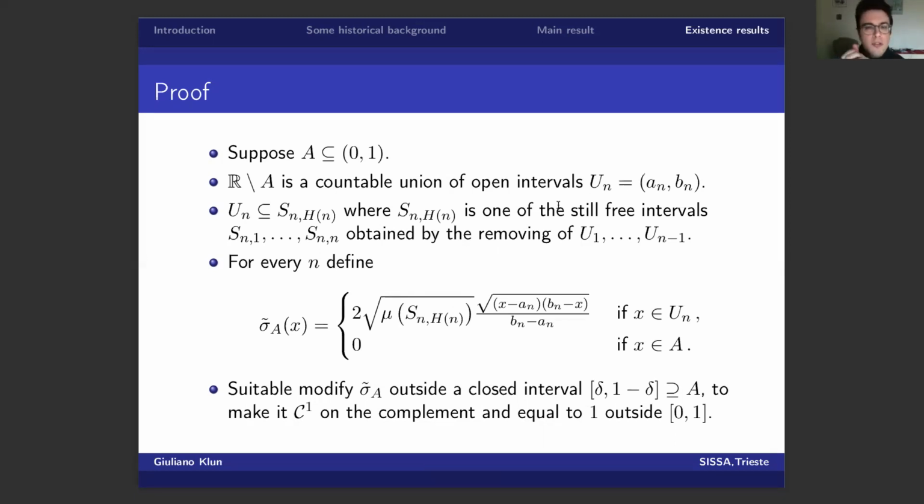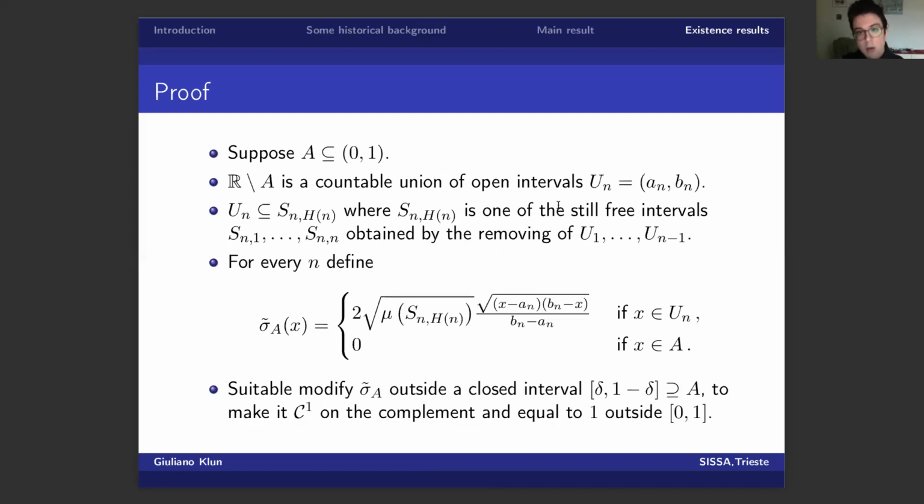Consider U1. Over U1 you construct a semi-ellipse with horizontal semi-axis equal to U1 and height equal to 1. Then remove U1 from the interval [0, 1]. What remains is the union of two disjoint closed intervals.